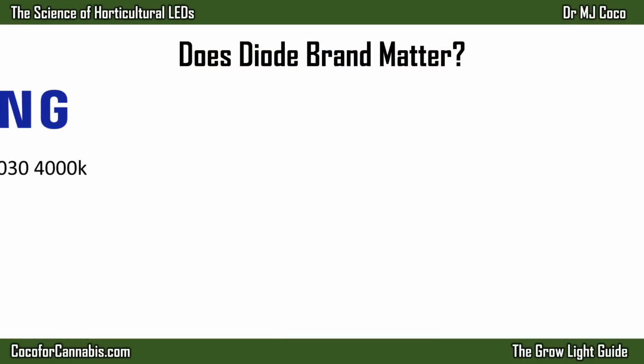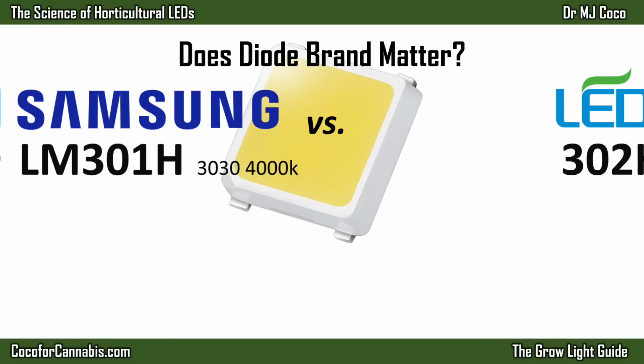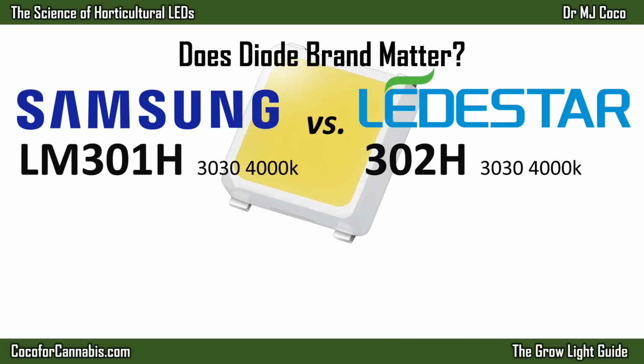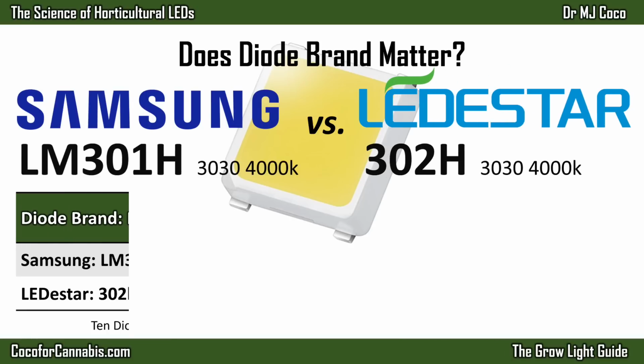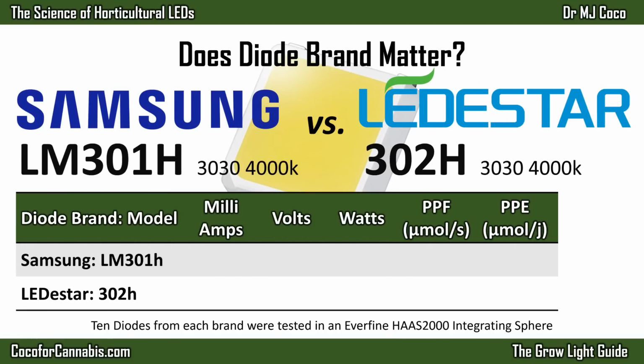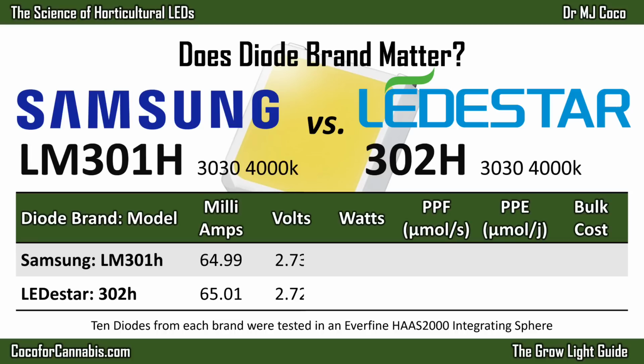Let's compare the Samsung LM301H to the Lettistar 302H diodes. Lettistar shared their in-house test data using an Everfine Haas 2000 integrating sphere. 10 diodes from both brands were tested at a current of 65 milliamps with about 2.7 volts. That's an average of 0.177 watts per diode for both brands.